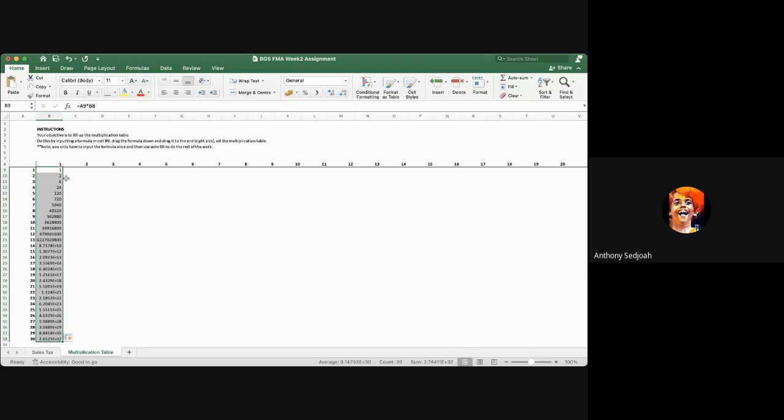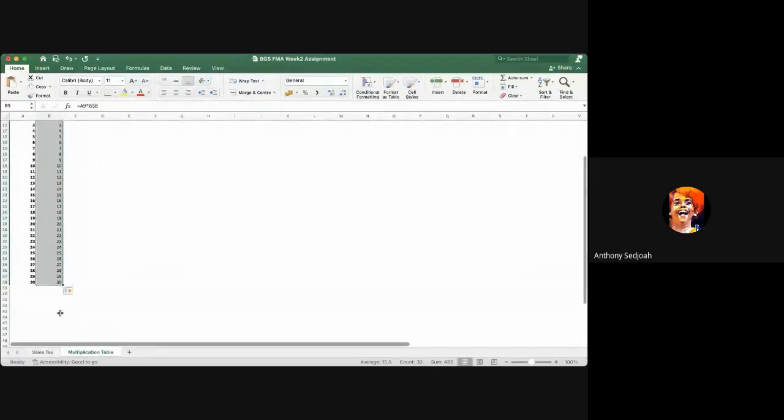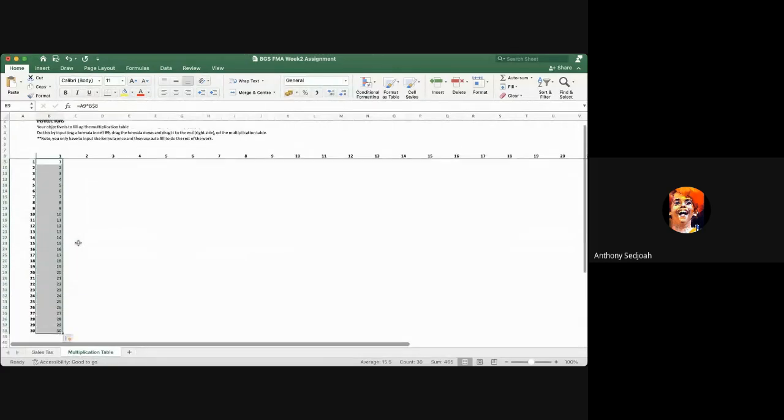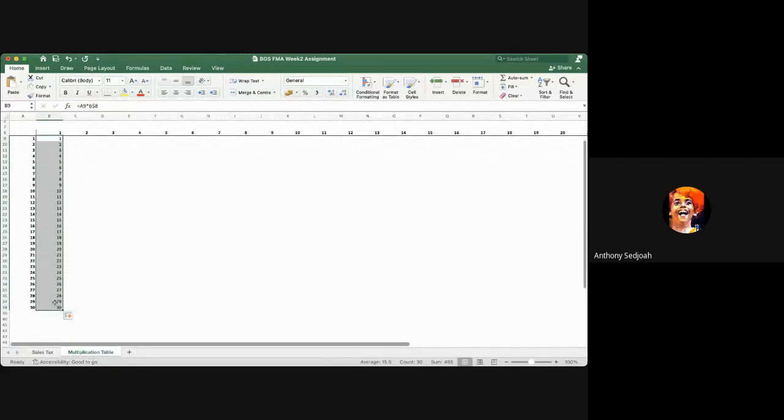When I drag down, I realize that I'm not getting what I want, and the reason is that when I drag down, it's not staying on the 1. So the 1 is on row 8, so let me lock row 8. Row 8 is over here. Let me lock it and see if I get what I want. Okay, so I've got what I want, this is correct, right? So now let me drag to the right side and see what happens.